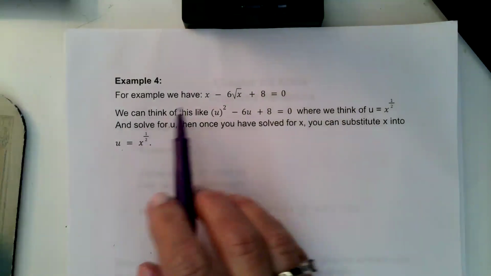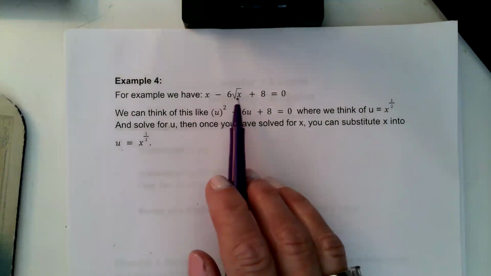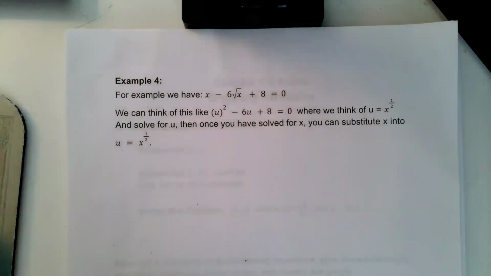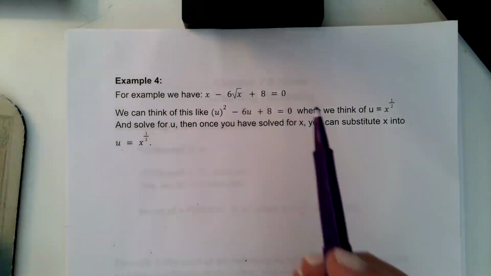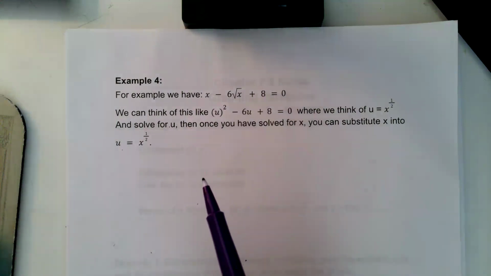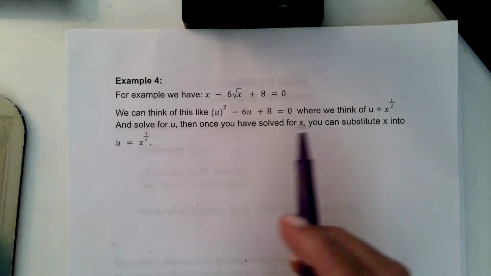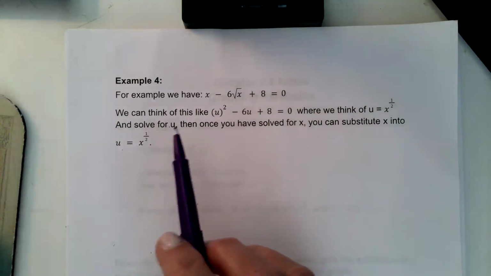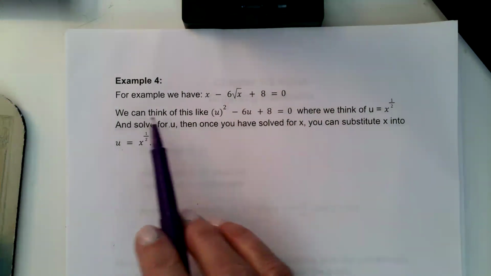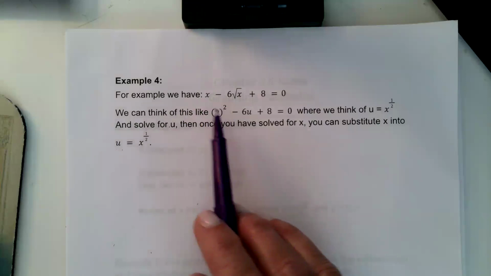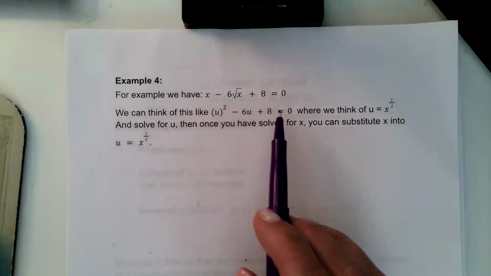Example 4 says, for example, we have x minus 6 times the square root of x plus 8 equals 0. This one's a little bit trickier because it's not something that looks bigger that we're narrowing down. We have to kind of build it up. So we can think of this as u squared minus 6u plus 8.